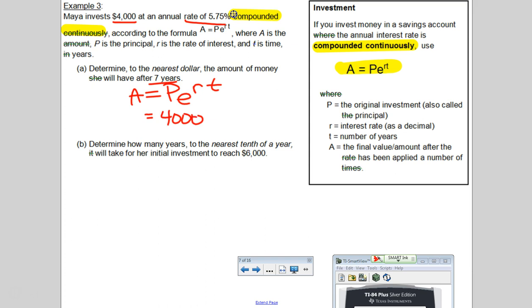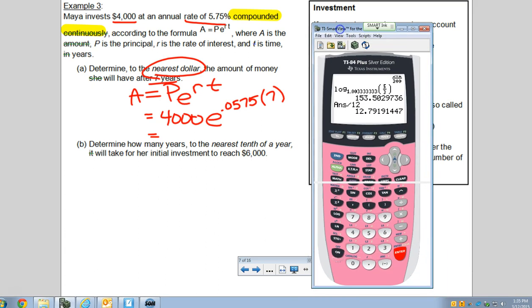If you notice, there's a common theme. Then E is compounding continuously. The rate 0.0575. Remember, it's always changed to a decimal, the rate, and then the time is 7 years. All right, rounded to the nearest dollar. I don't have to solve because all my numbers are already together on the same side.